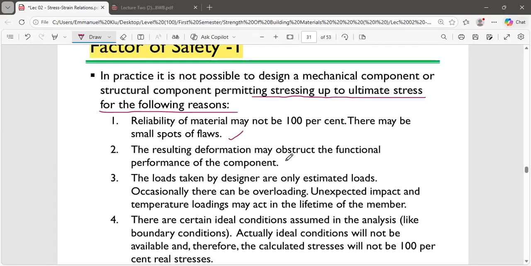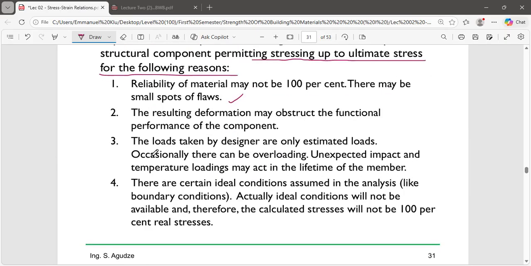Two, the resulting deformation may obstruct the functional performance of the member. Three, the loads taken by a designer may only be estimated loads. Take note that occasionally there can be overloading, unexpected impact, and temperature loadings may act in the lifetime of the member.